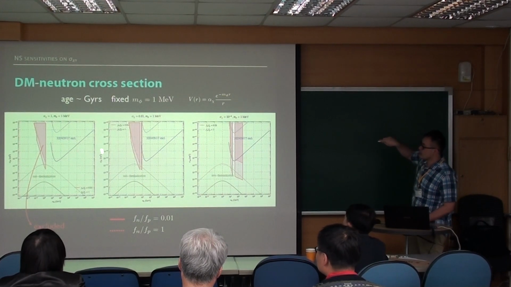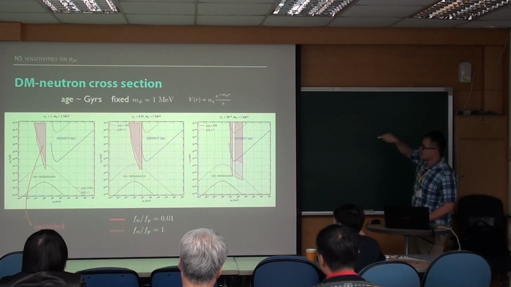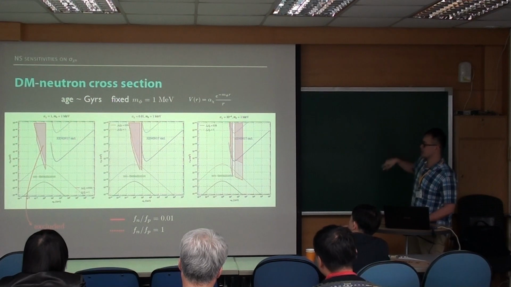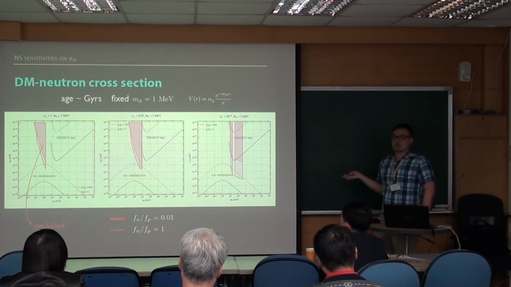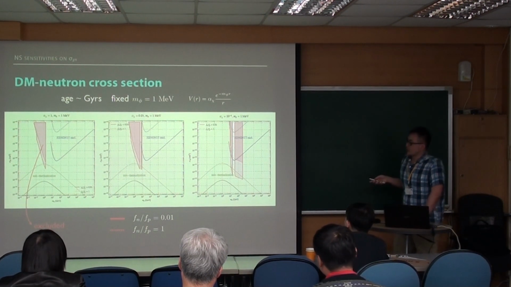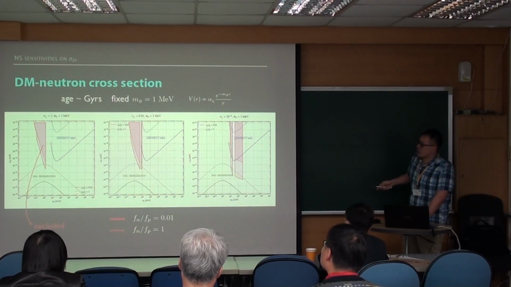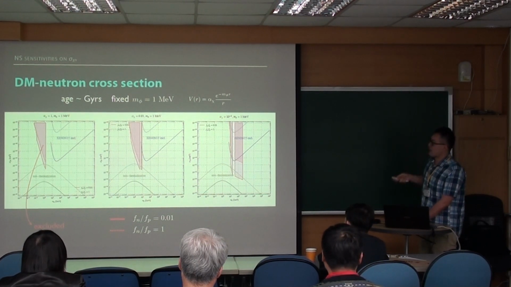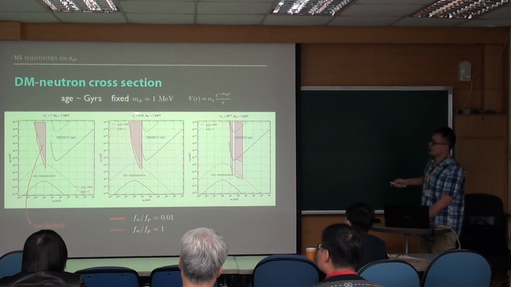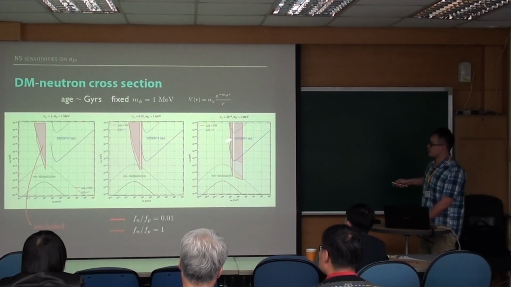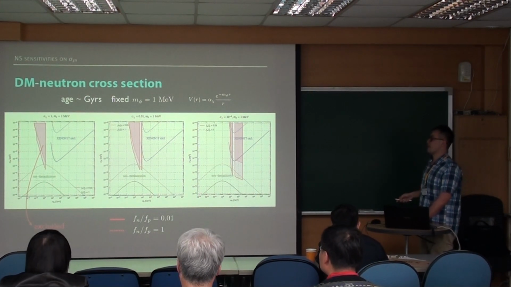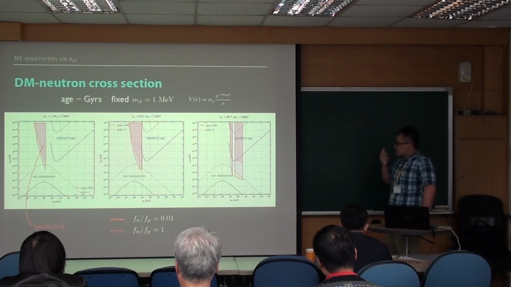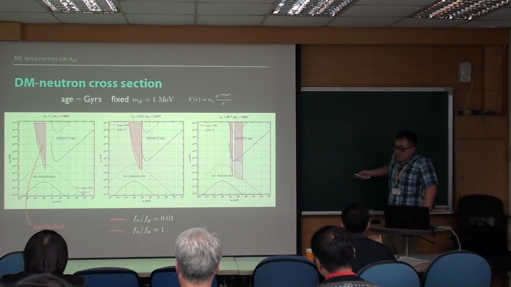So if the dark matter properties lie within this pink shaded region, in principle we could not observe any neutron star a few giga-years old. However, if we do observe such a neutron star, then we can simply exclude this region based on the observations.